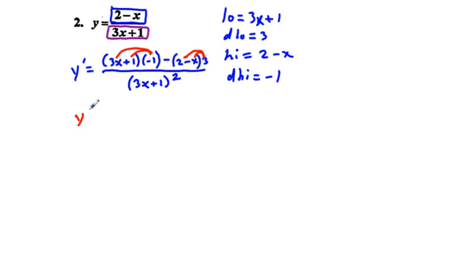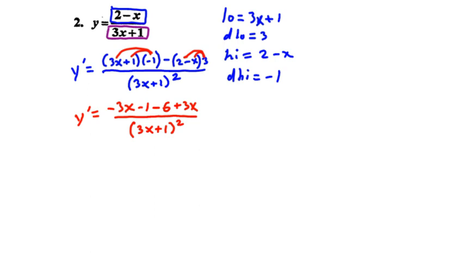Just writing it out, simplifying, we have 3x times negative 1, which is negative 3x, and then negative 1 times 1 is minus 1, and then we have minus 2 times 3, which would be minus 6, and then minus negative 3x, right, 3 times x, and a minus minus makes it plus 3x, and all over low squared, which is quantity 3x plus 1 squared.